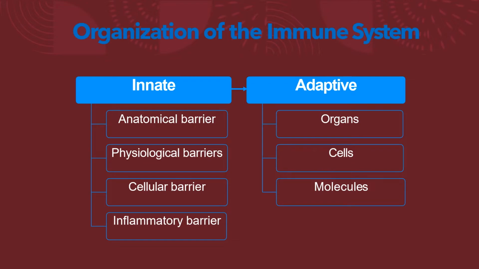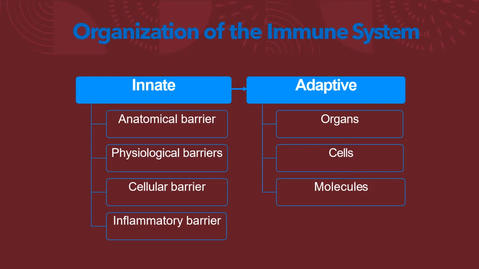Organization of the immune system. Immunity has two main basic types: innate immunity, which is non-specific natural immunity. It includes anatomical barriers, physiological barriers, cellular barriers, and inflammatory barriers.